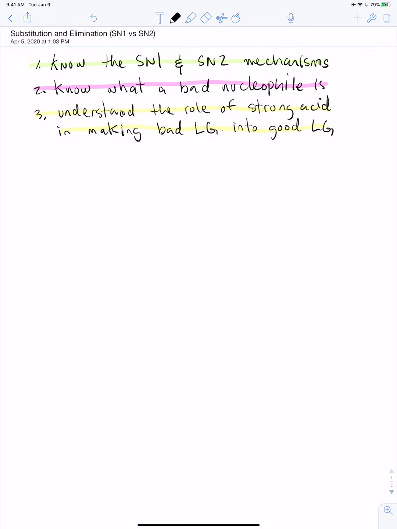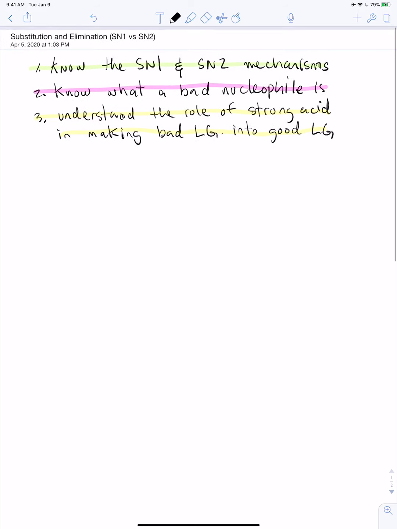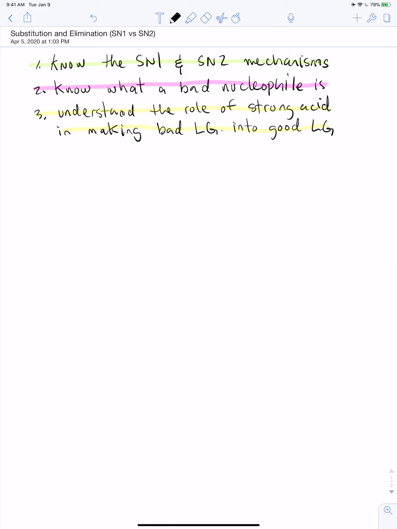All right, so remember, this is something you also should probably know, but remember that for SN2, it's favored, and this is really the rule, right?